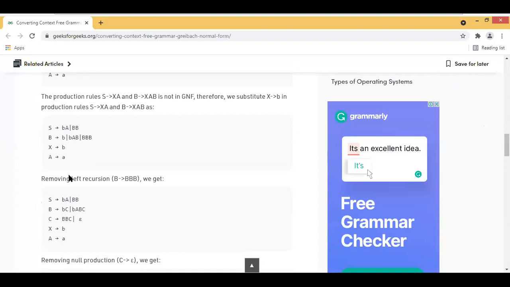For eliminating it, we need to map it with A tends to A alpha. That's the mapping syntax we have for left recursion. When we have a production in the form of A tends to A alpha, then you need to convert it into A tends to something like this.